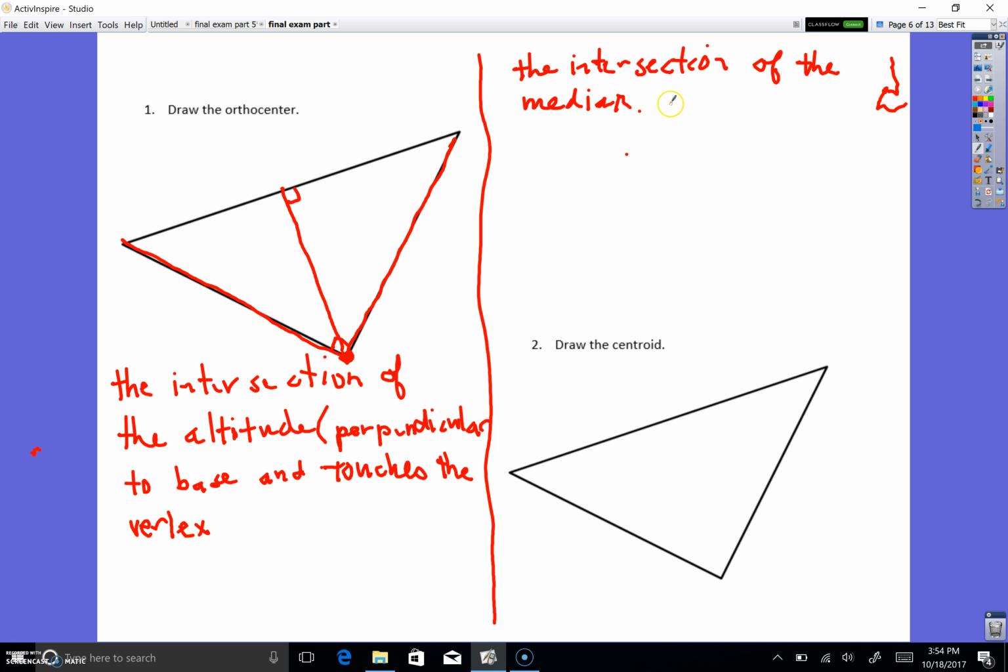So, what is the median? The median is a line that goes from the vertex to the midpoint of the base.